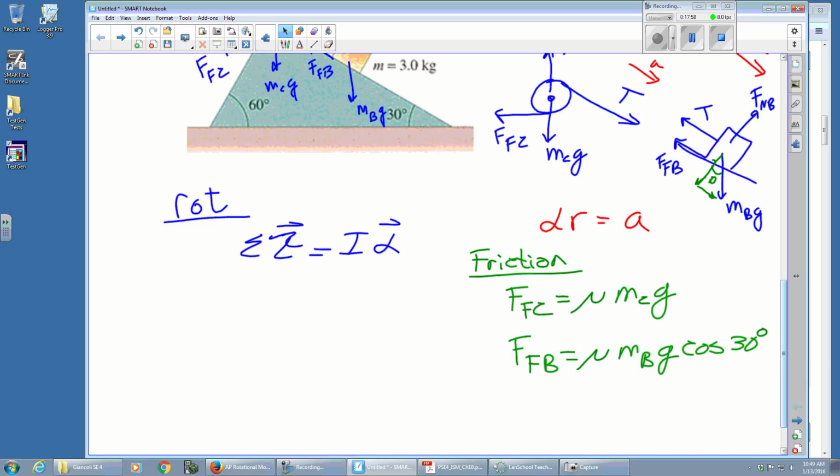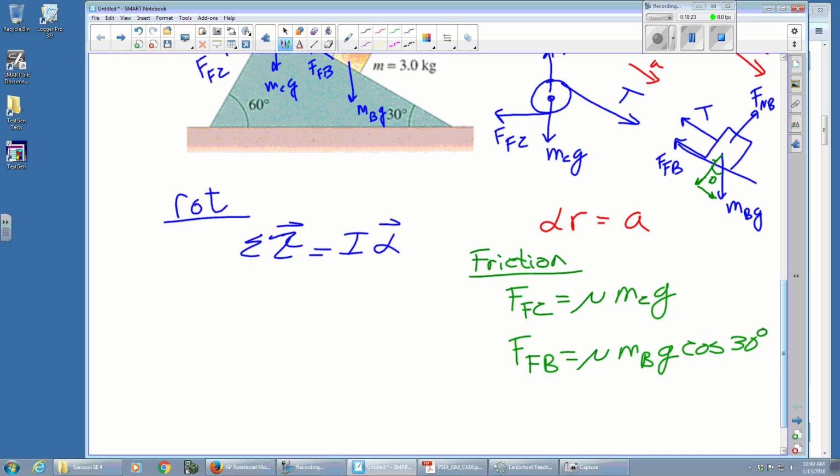So my torques here, I'm going to get a clockwise torque or a negative torque. We'll call it positive: the torque created by the tension, and then an opposite torque created by the friction. So those are going to oppose each other.